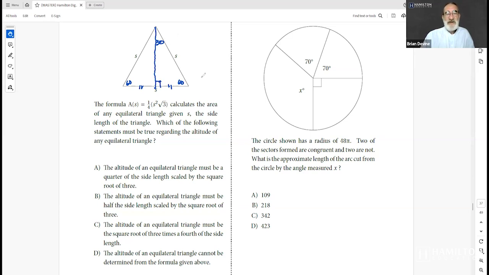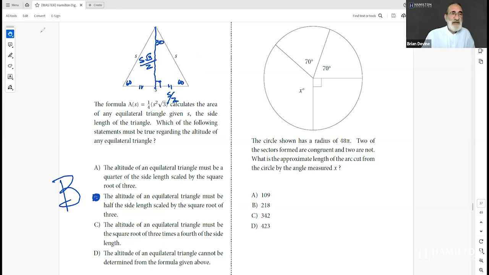Well, that's a 30, 60, 90 right triangle. So this then is 1/2 of s. And this is s root 3 over 2 by the 30, 60, 90 right triangle relationships. And so the altitude of the equilateral triangle must be half the side length times root 3, which is B. And so B is the correct answer.